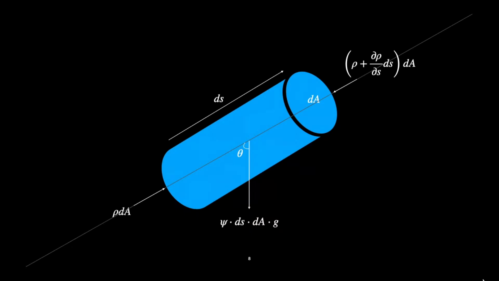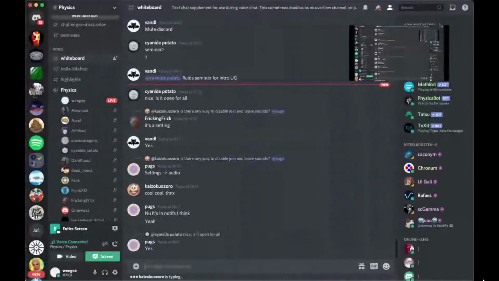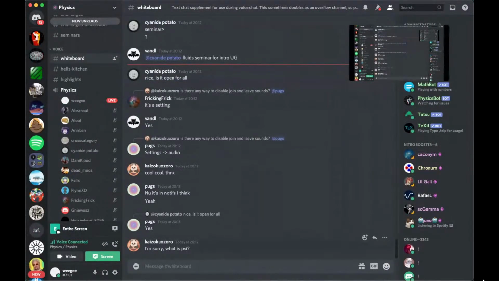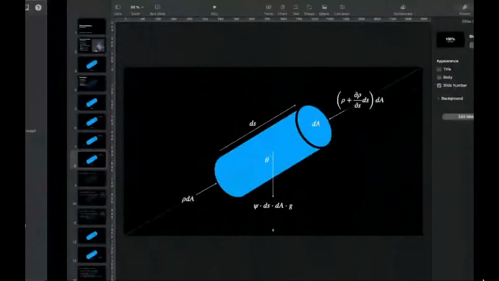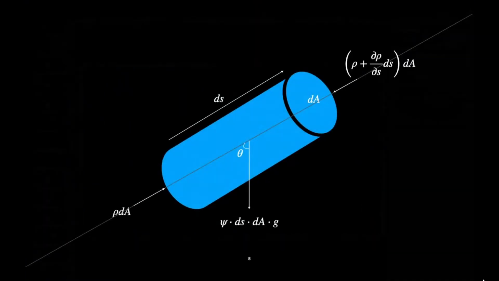That's going to be rho plus the derivative of rho with respect to s times ds, times dA. Psi is the density of our fluid element.